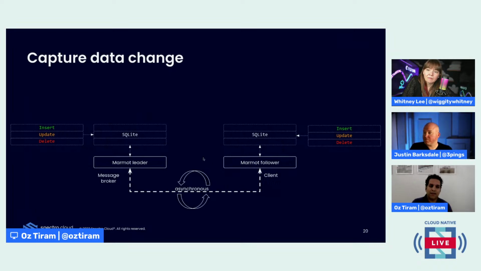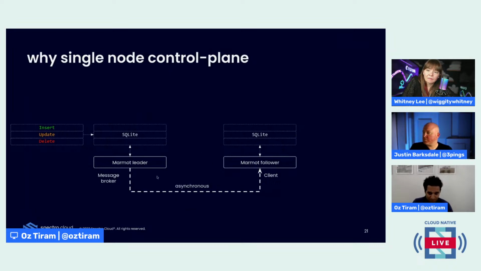Eventually, we realized that Marmot cannot do two control planes. After playing a lot with Kine, we realized that the problem is not Marmot itself, it is a transaction mechanism which is incompatible with this synchronous mechanism on both sides.